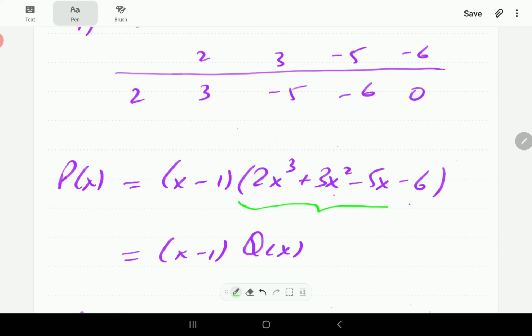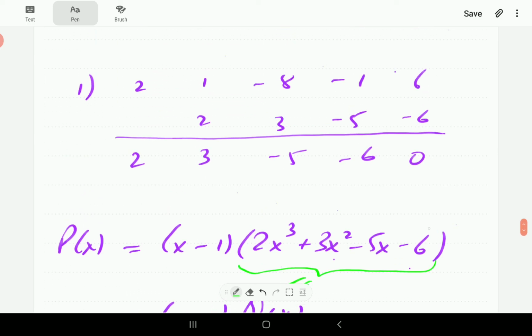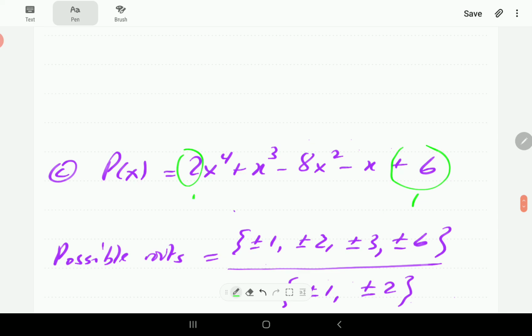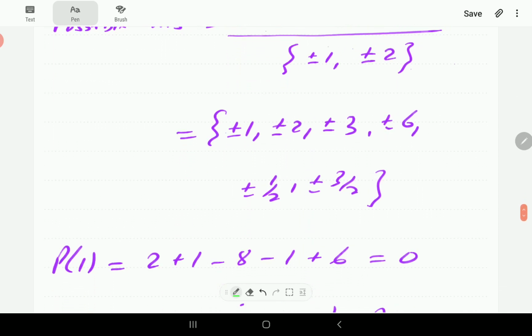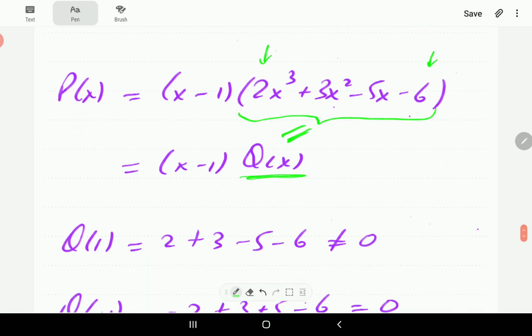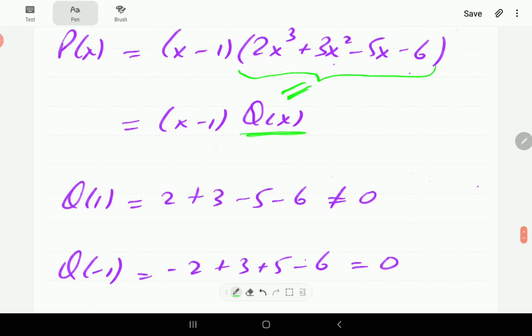If we name this q of x, then the focus is going to be on factorizing q of x. Now notice that the constant is still 6 and the coefficient of the leading order term is 2. So the set of possible roots is still going to be the same for q of x. Again, we try 1 and find that it is not a root.